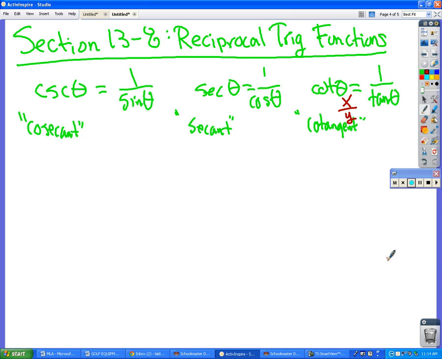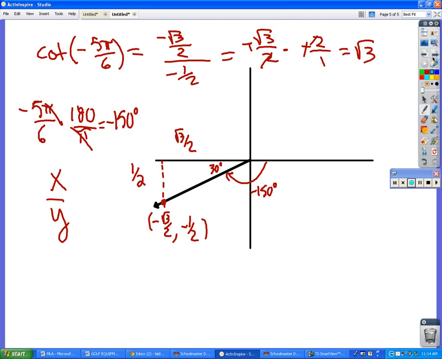Cosine was simply the x coordinate of that point. So secant is going to be 1 over the x coordinate. Do you remember what the sine was? The y coordinate of that point. So cosecant is going to be 1 over the y coordinate. Okay? So let's do another one using one of those things.